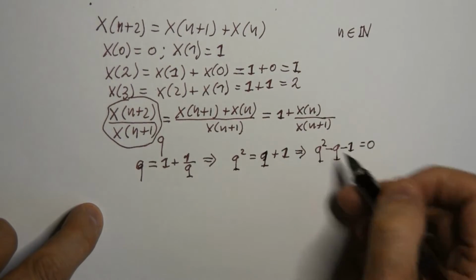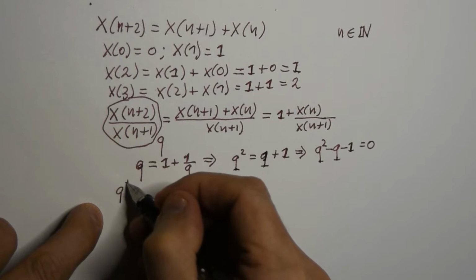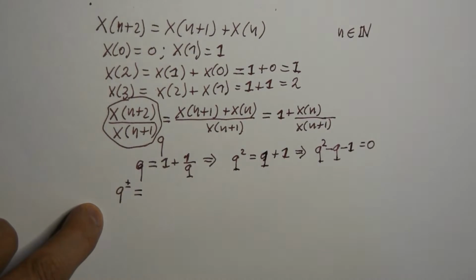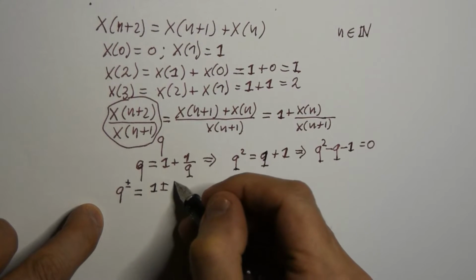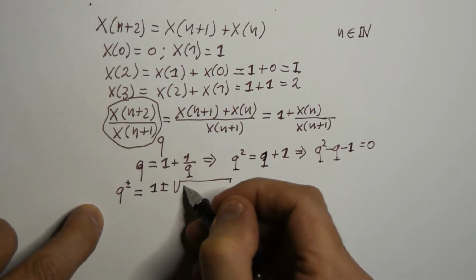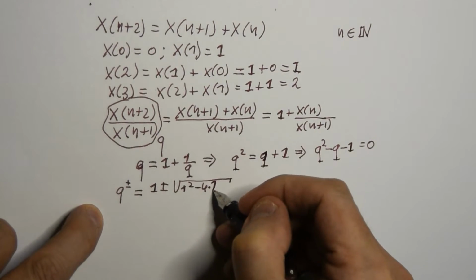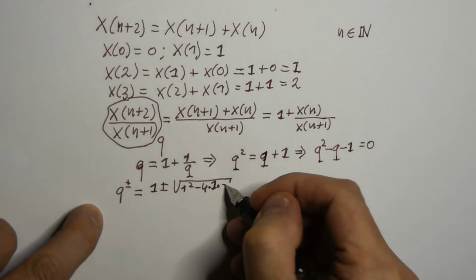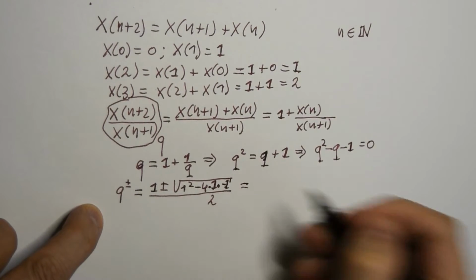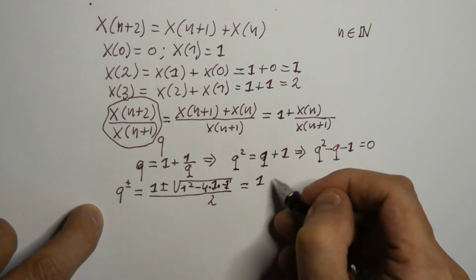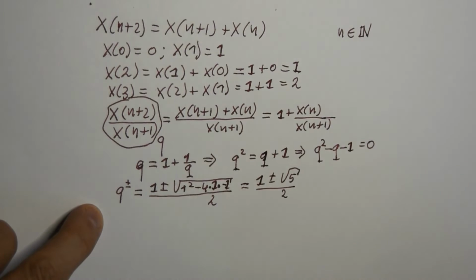We get two values because it's a quadratic equation, and we can say q plus-minus equals minus b, which is 1, plus-minus the square root of 1 squared minus 4 times a, which is 1, times c, which is minus 1, divided by 2. Working it out gives us 1 plus-minus square root of 5 divided by 2.